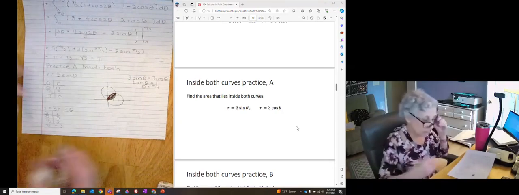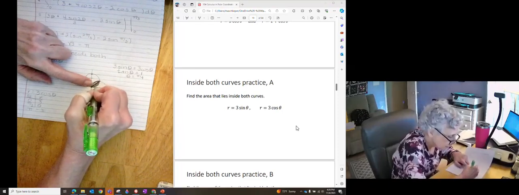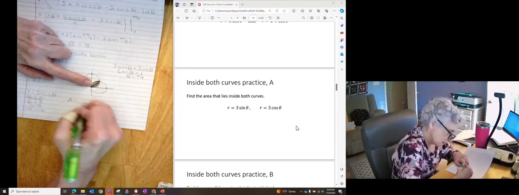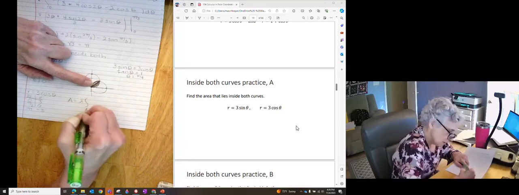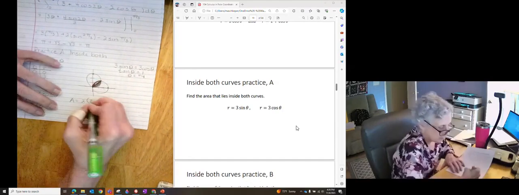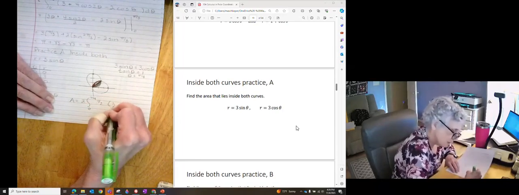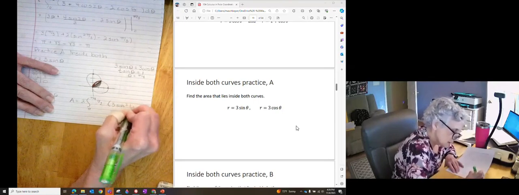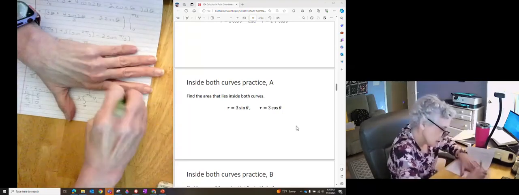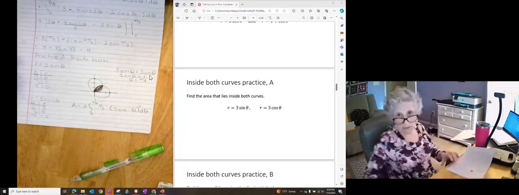I'm going to go with what I think is easiest, and that's just to find the area of this little football right here. So the area is equal to 2 times the integral from 0 to pi over 4 of the sine curve, 1/2 of 3 sine squared theta d theta. And actually, I'm going to put the square on the outside because that 3 gets to be squared as well.